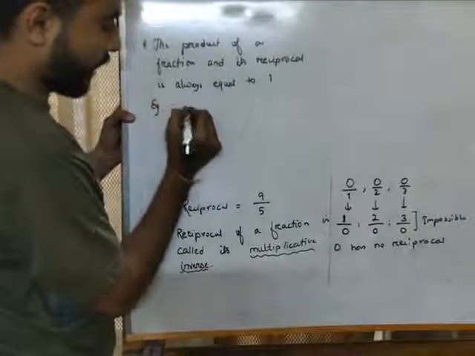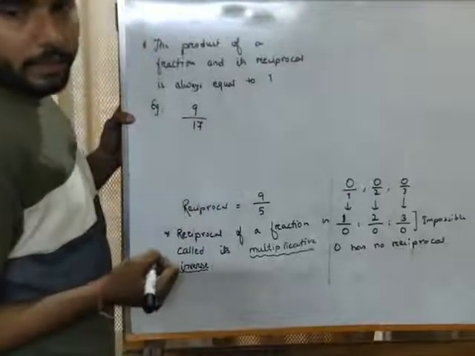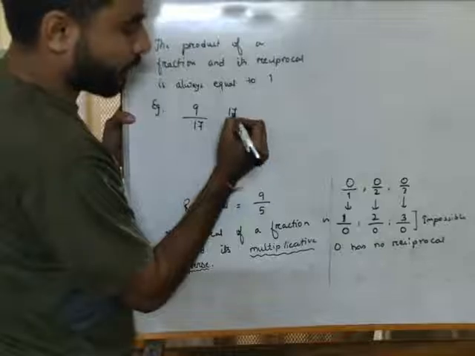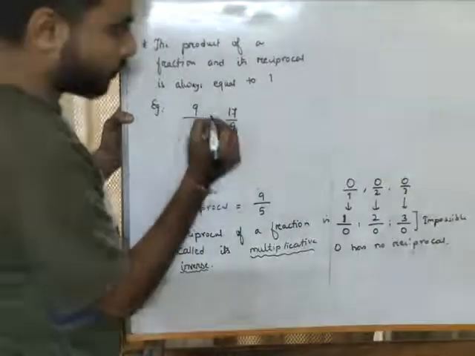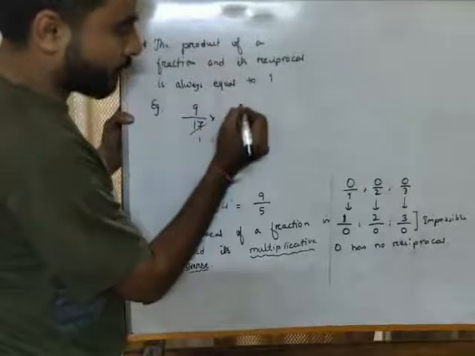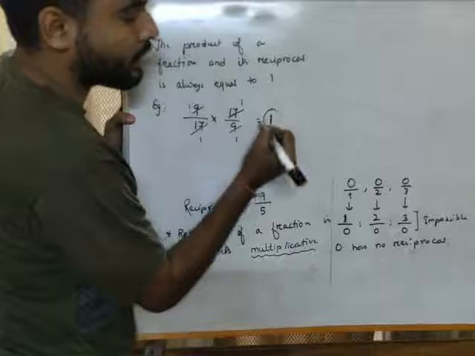For example, I took a fraction 9/17. The reciprocal will be 17/9, is it or not? And if I multiply both, I will get 17 one time 17, 9 one time 9, and I got the product as 1.